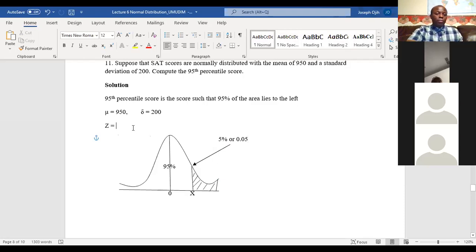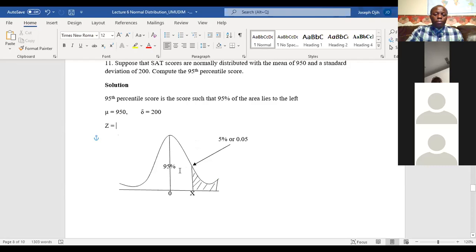So to find the Z, they give you the probability already, 5%. Remember, I told you that when it's at a tail, you have to subtract from 0.5, because the whole of this side is 0.5, and the whole of that side is 0.5, making it 1.